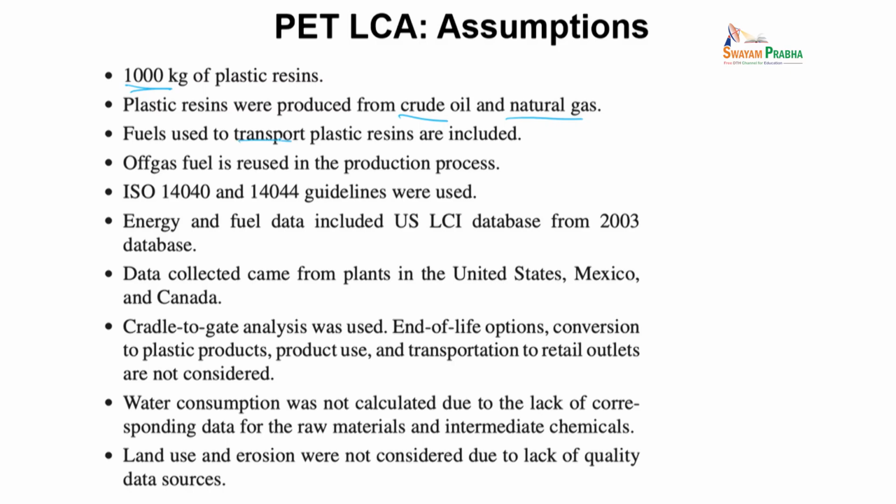Transportation is also very important, because all these materials are not available in one place. You are procuring different materials from different places, and fuel consumption is important for the transportation costs. In the production process, they use off gas fuel, which means some gases come out of the process itself and can be used for other heating purposes, some sort of process optimization.